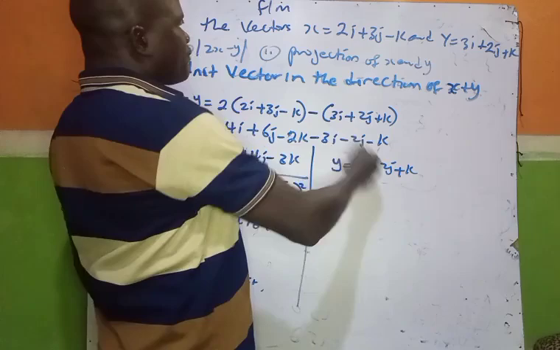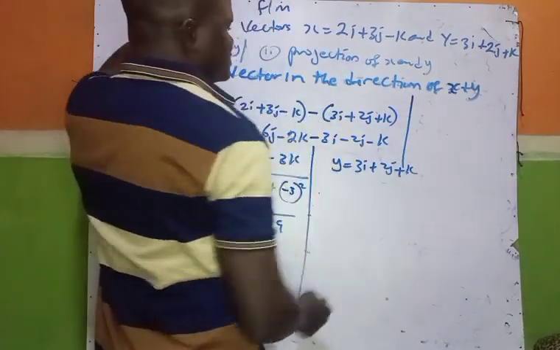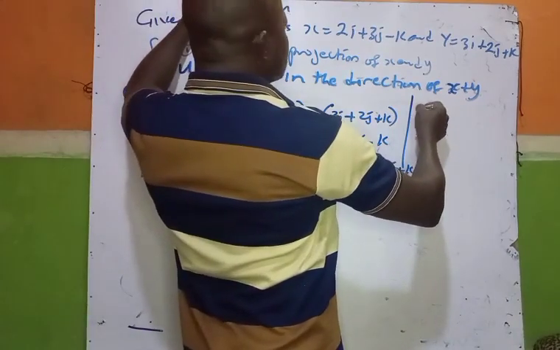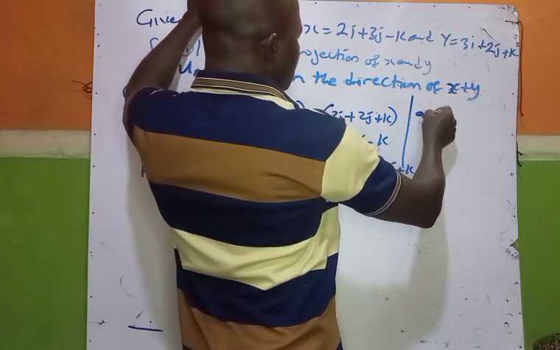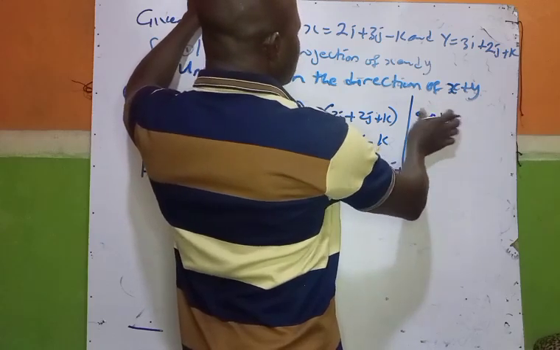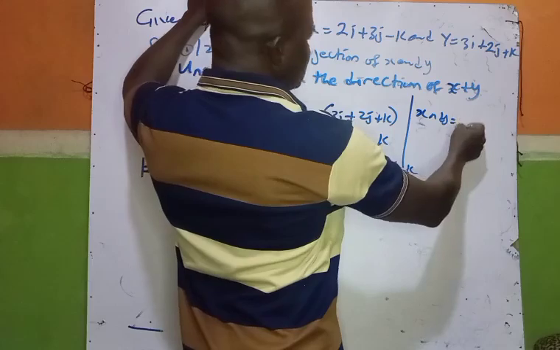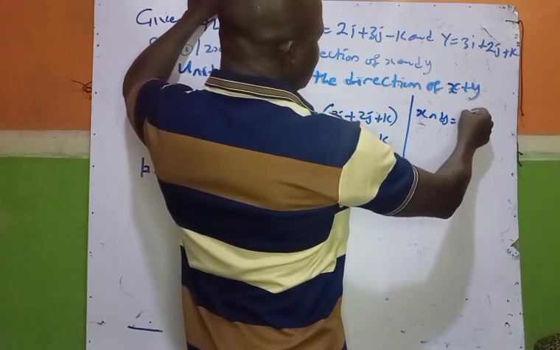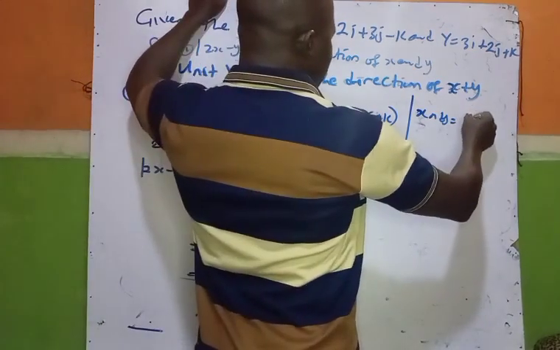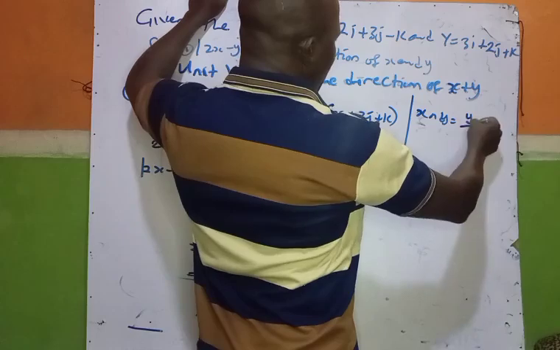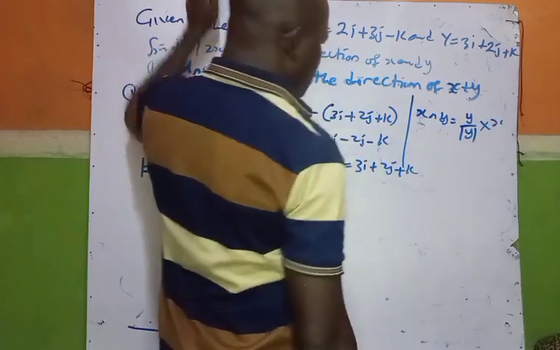Then for projection of vector, for the two vectors, you can have them like this. Projection of vector A on B, what do you call it? Projection of vector x on y. So you have the unit vector of y multiplied by x.